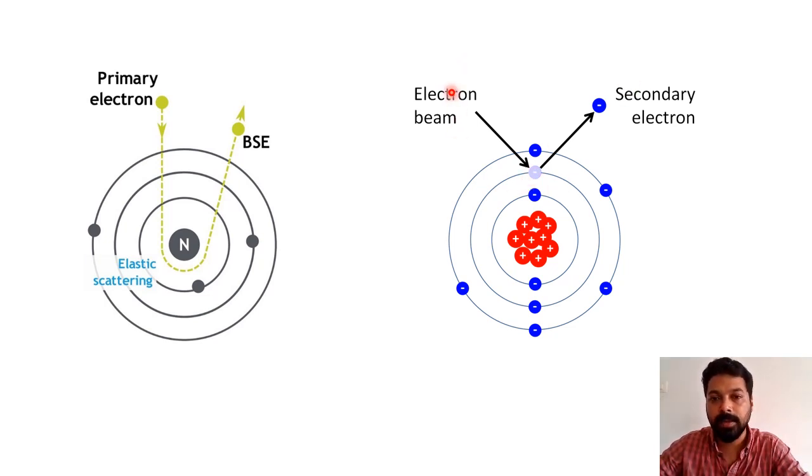Usually the beam of electrons will eject the inner shell electrons, because they are lower in energy. These are called secondary electrons. The amount of secondary electrons is less than the backscattered electrons. Normally you get a huge amount of backscattered electrons, while the amount of secondary electrons is less.